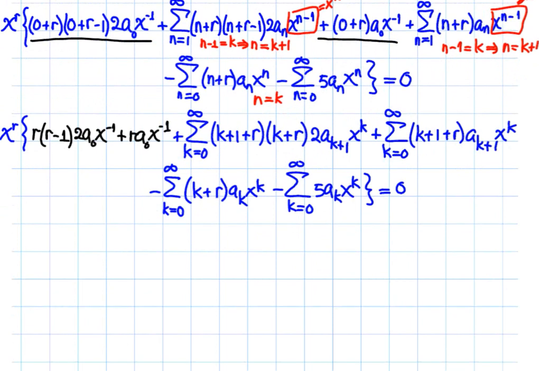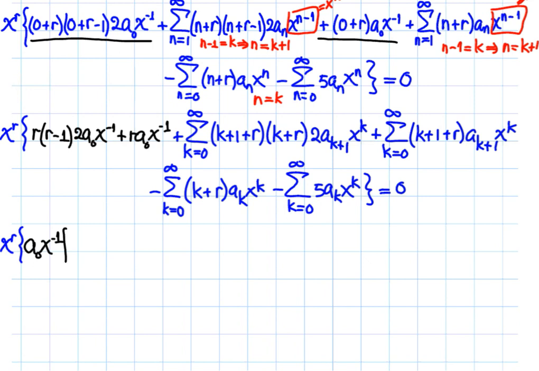Now the first part, let's factor out a naught, x to the r is on the outside. And the first part we will factor out a naught x to the negative 1.